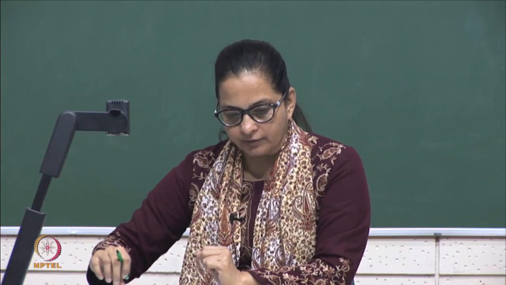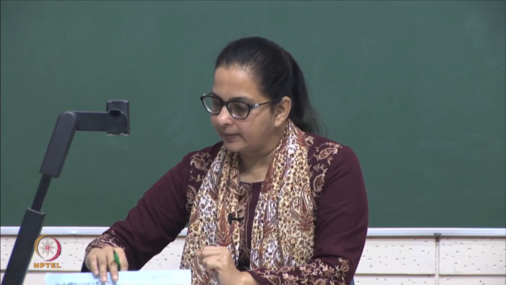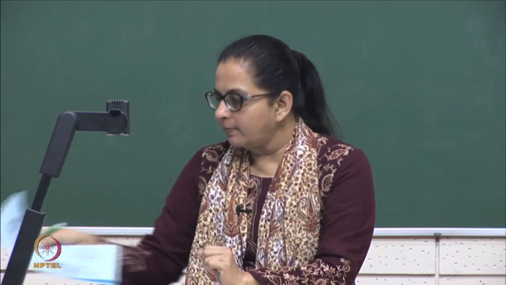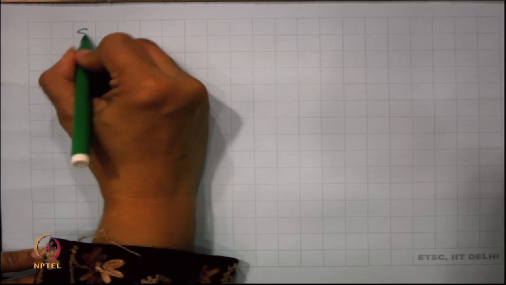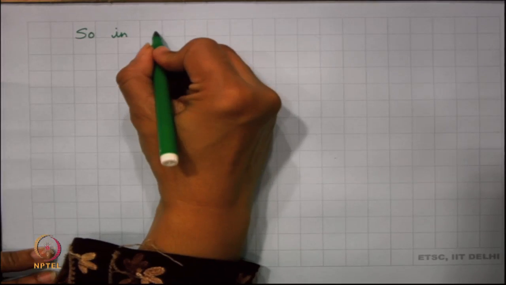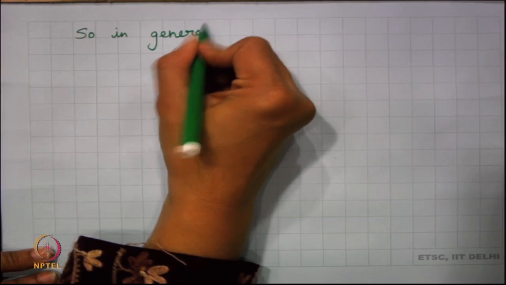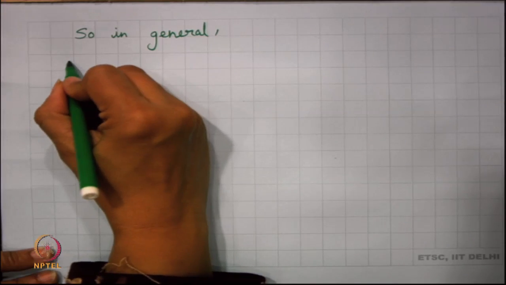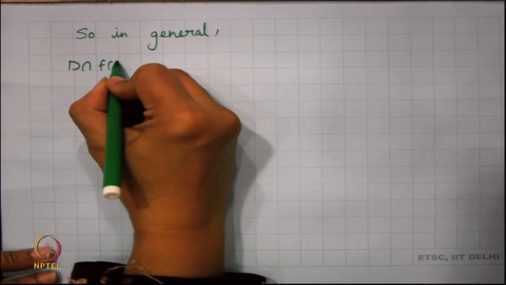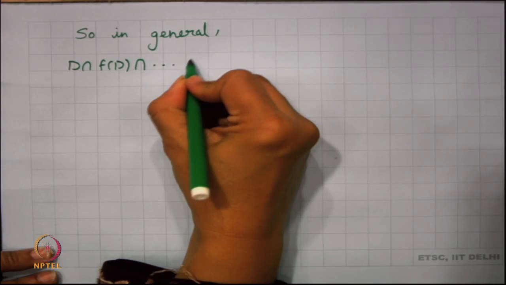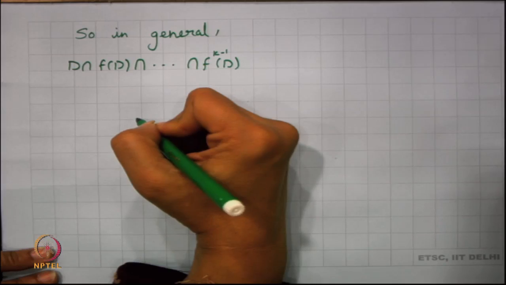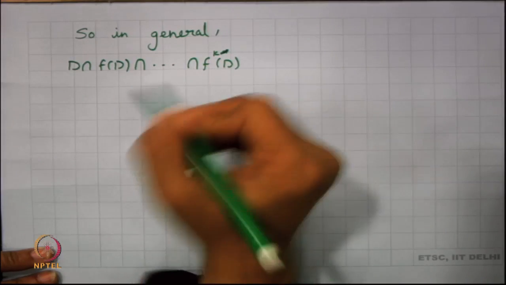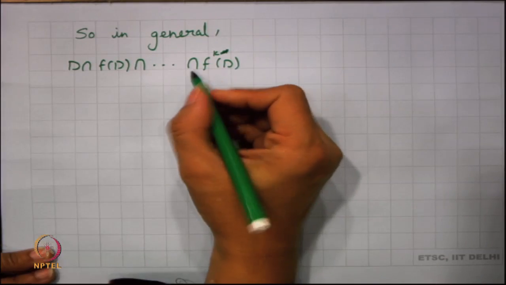So, in general what can we say about any k? We have D intersection F of D intersection up to F^k D. What is that equal to?